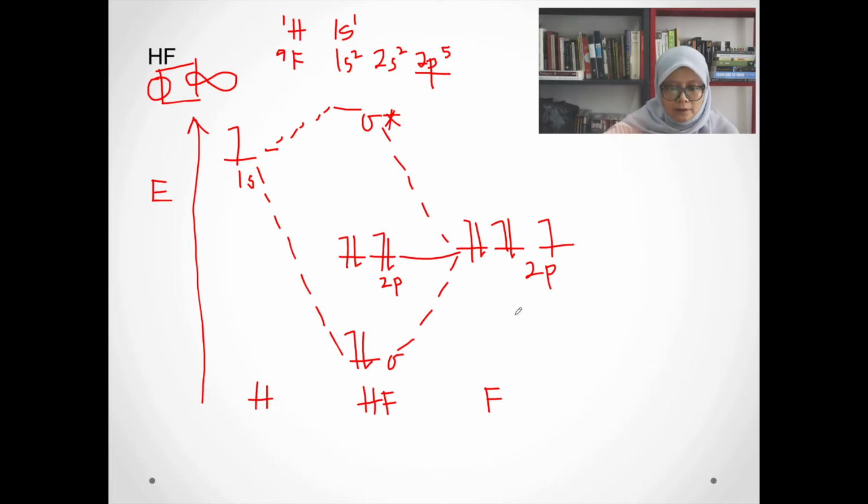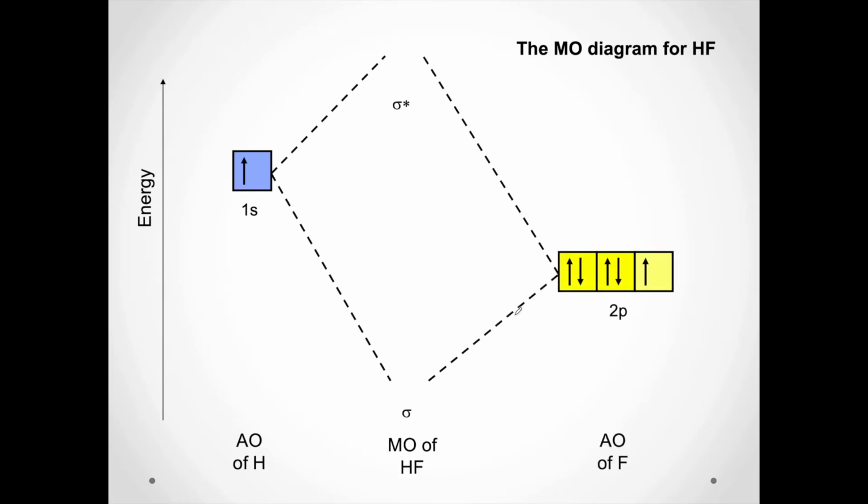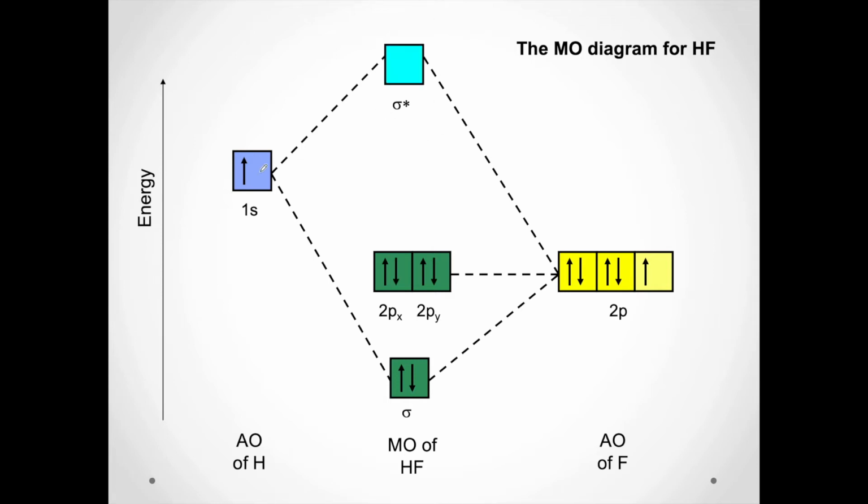This is how you need to draw the molecular orbital diagram for hydrogen fluoride. As I explained before, we have a difference in energy between hydrogen and fluorine because hydrogen is more electropositive than fluorine.